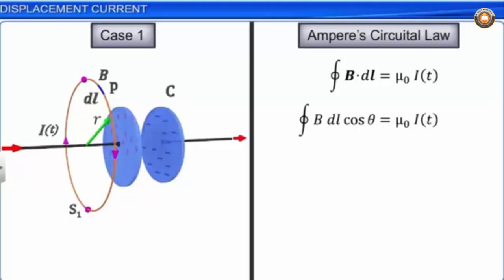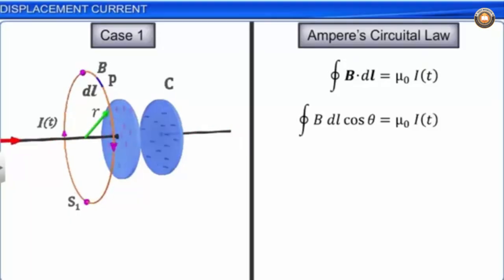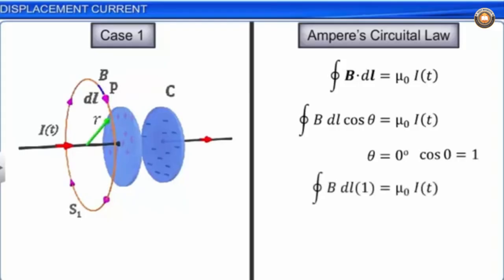Since the direction of magnetic field is along the circumference of the circular loop, the angle between the magnetic field and the element dl is 0 degrees. Cos 0 is equal to 1. Then, integral over the closed loop B dl is equal to mu naught IT. Let this be equation 1.